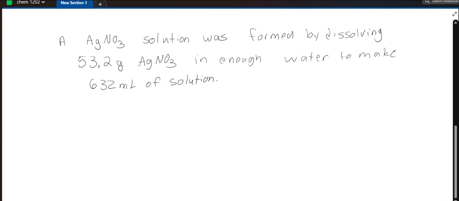So first I need to get the moles of silver nitrate. So I need to get the molecular weight of silver nitrate.